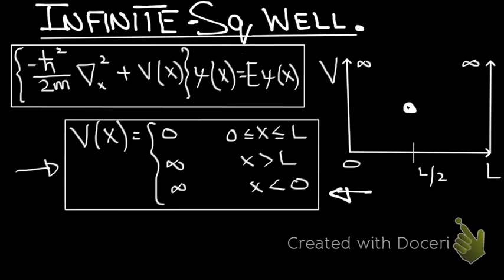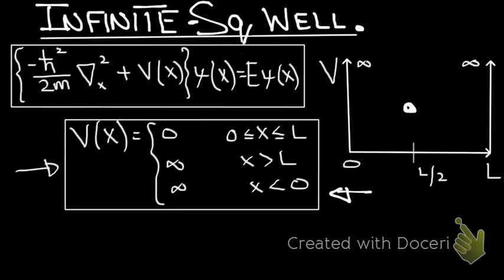A particle in this potential is completely free except at the walls, that is at x equals 0 and x equals L, where there is an infinite force acting on the particle or electron to prevent it from escaping the walls.